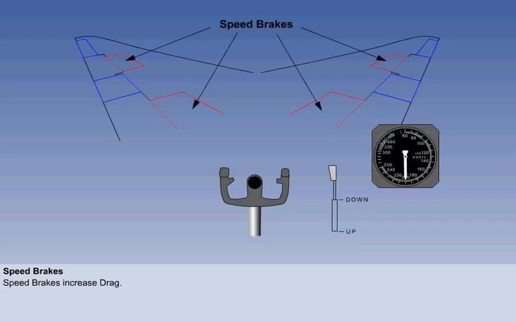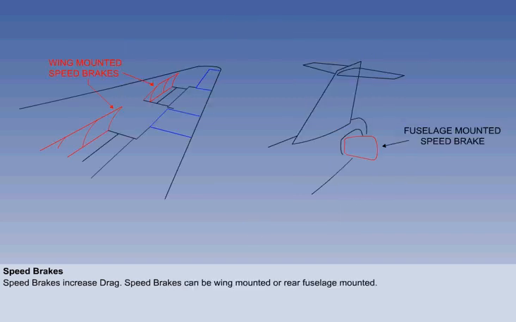When selected by the pilot, speed brakes increase drag. The use of speed brakes increases deceleration and/or gives an increase in the rate of descent without increasing the IAS. There are two common methods of mounting speed brakes: wing-mounted or rear fuselage mounted.